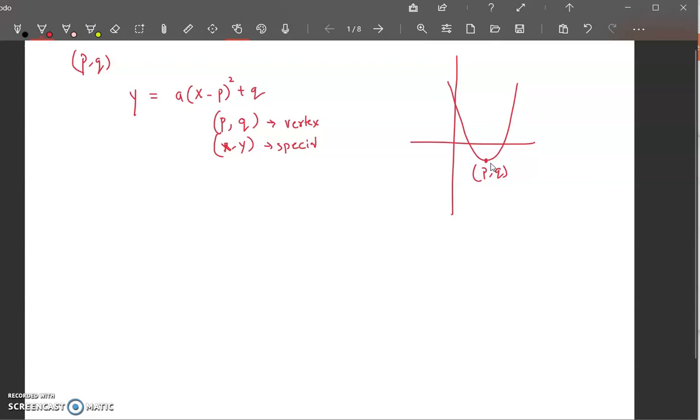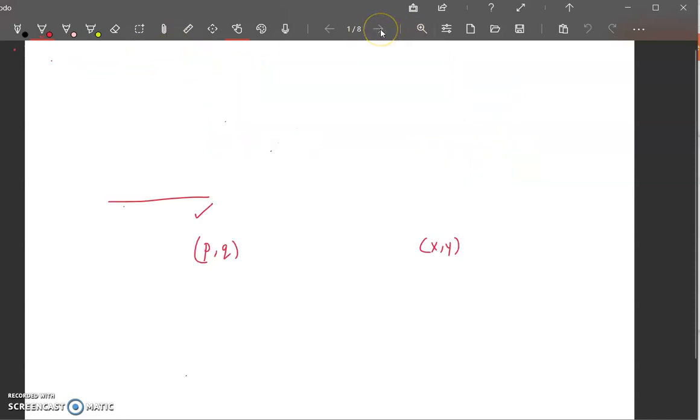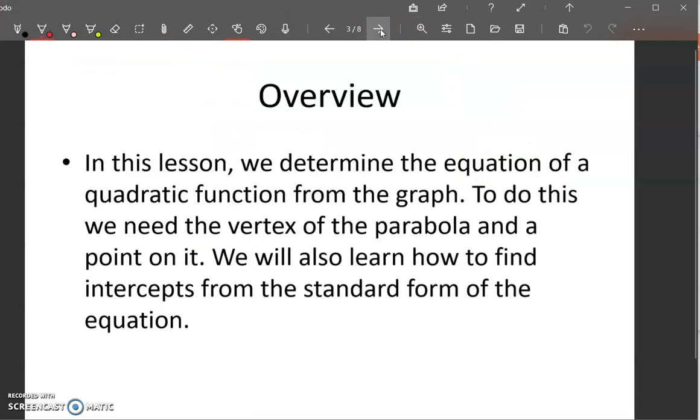So even though they are x and y, we call them P and Q, and that's why they have their own variable in the equation. Having said that, we're going to find the equation from this idea: 1, that there's a vertex P and Q, and 2, that any point on the graph is going to be a solution.